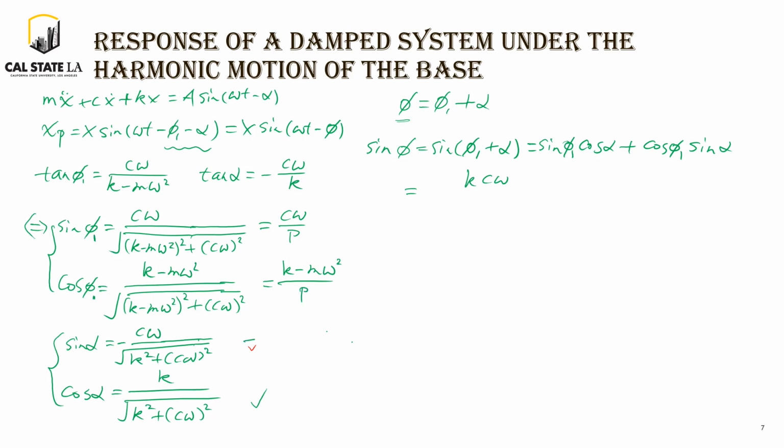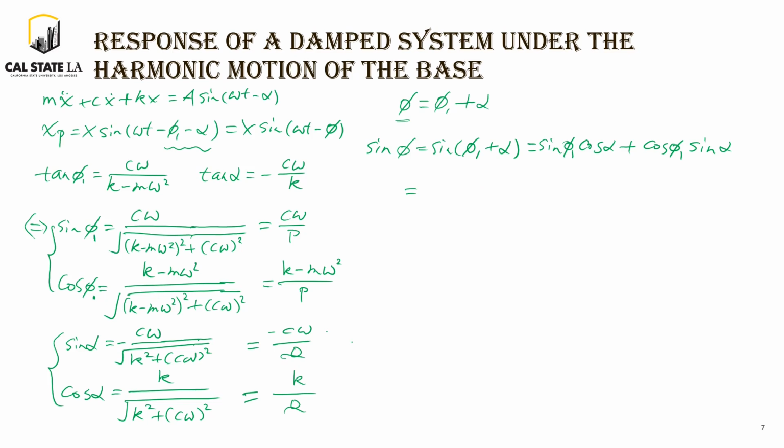And sine alpha will be equal to minus c omega over q, and cosine alpha will be equal to k over q. So let's do that, it will simplify a little bit.